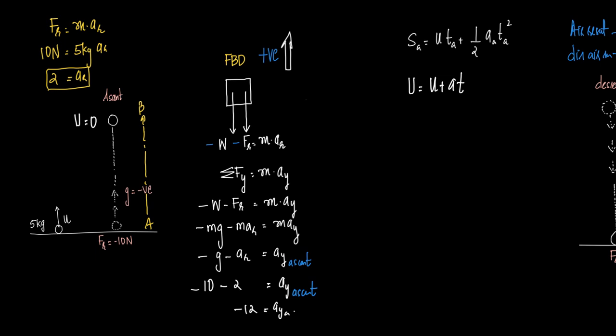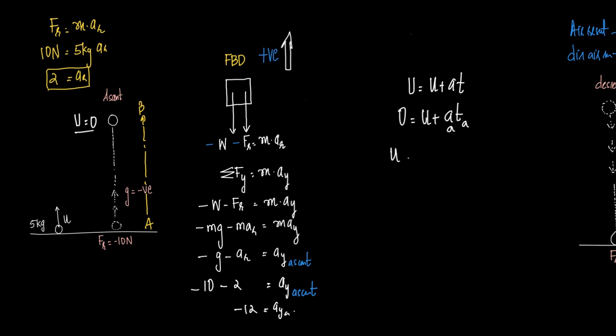Now what is V? V is 0 from here, which means we have 0 is equal to U plus AT. What is A? Acceleration during ascent. What is T? Time of ascent.